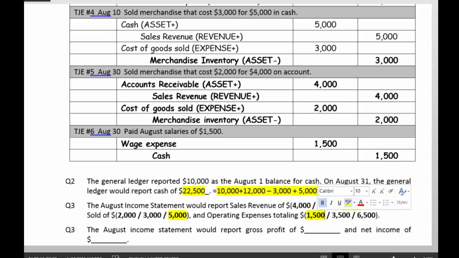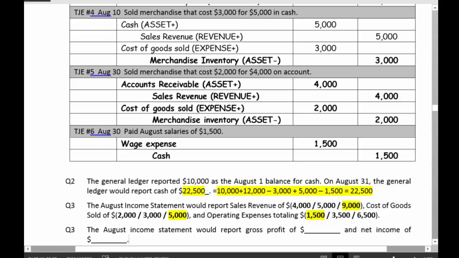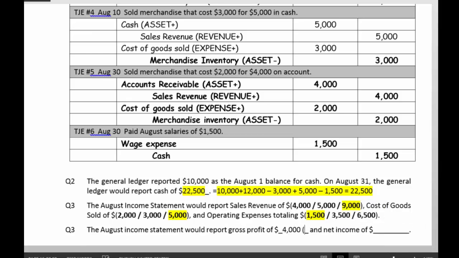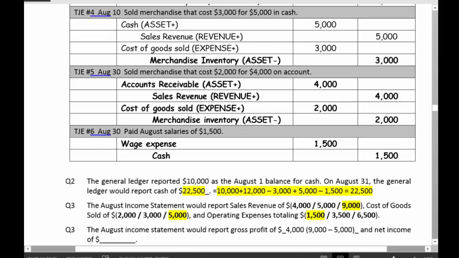So from all of this, what would my gross profit be? 4,000, right? The way I got that, it would be 9,000 minus 5,000. And my net income would be gross profit minus the operating expenses.